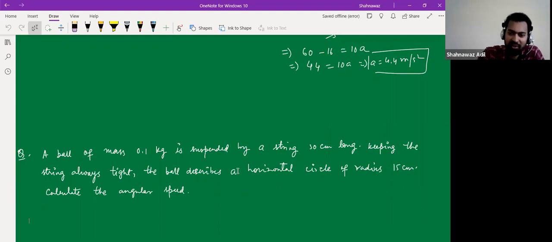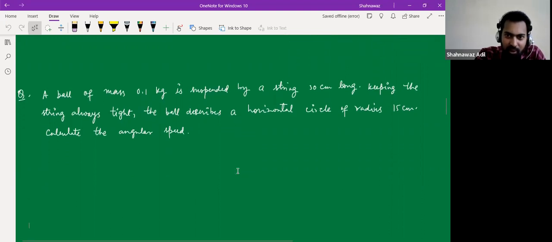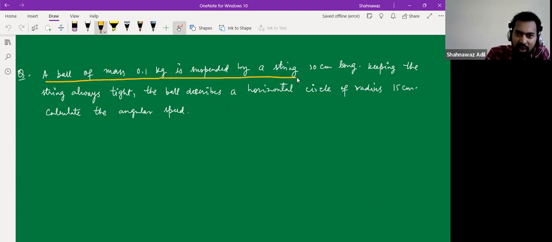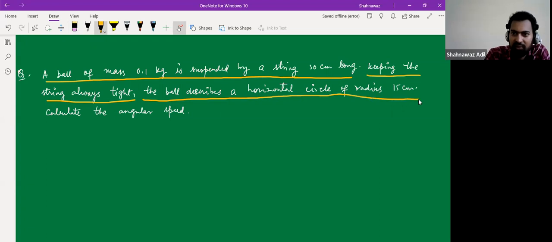So now, as I was just revising the circular motion, you already know about the centripetal force. This is a question based on the centripetal force. A ball of mass 0.1 kg is suspended by a string 30 centimeter long, and keeping the string always tight, the ball describes a horizontal circle of radius 15 centimeter.